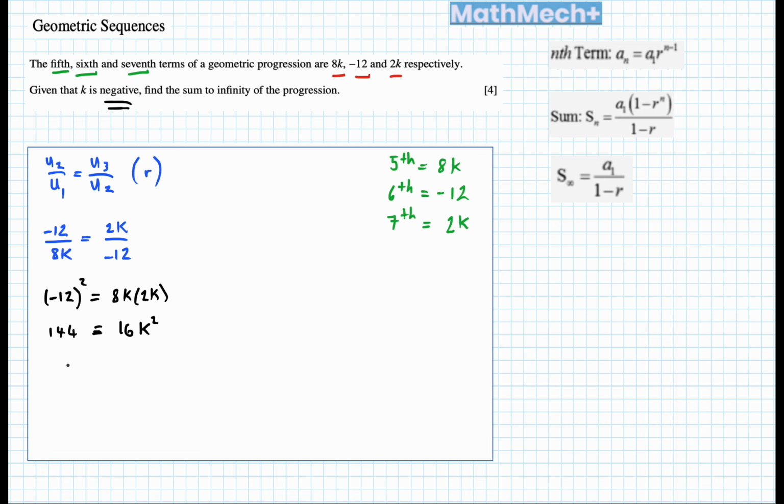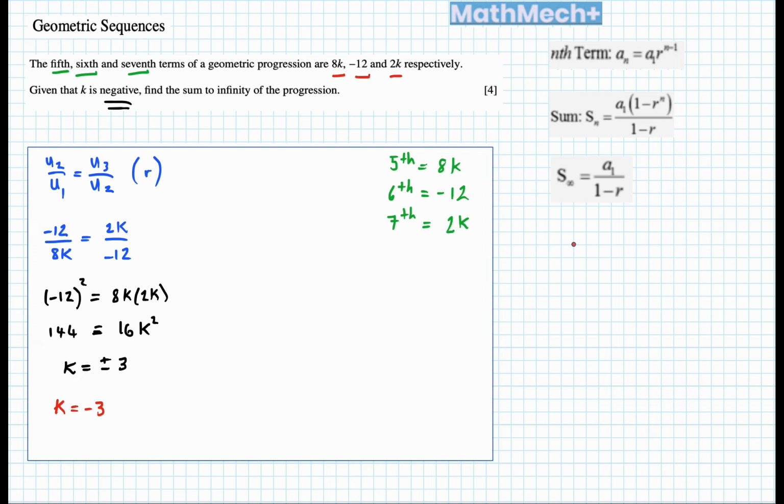And from there, you could use your calculator, of course, if you have access to a calculator. In grade 11, you'll have plus or minus 3 when you cancel your square on both sides. So we were given that k is negative, so we know that k is, of course, minus 3.